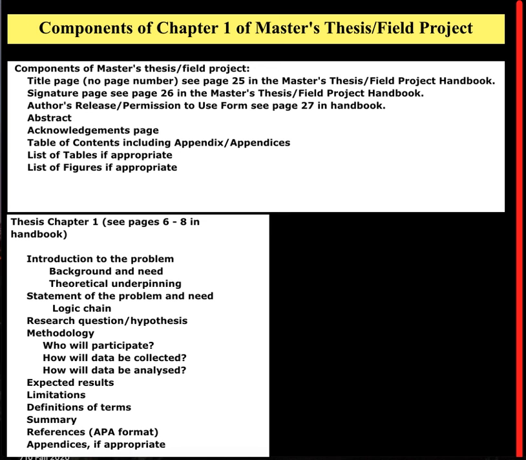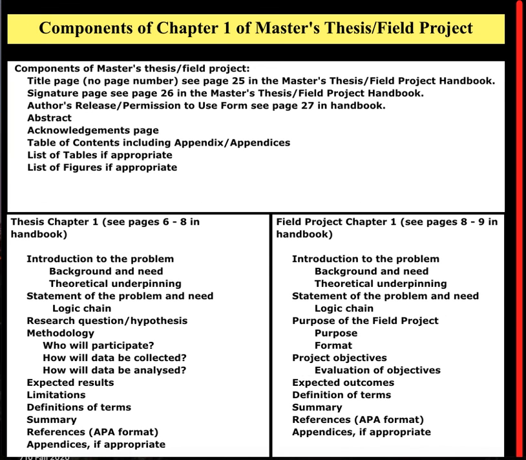Now, if you're doing a field project, the first part's very similar. You want to look at pages 8 and 9 in your master's thesis and field project handbook for what should be included in each of the sections. Just like the thesis, you should have an introduction that includes a background and need and a theoretical underpinning.